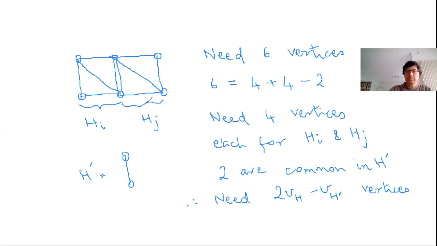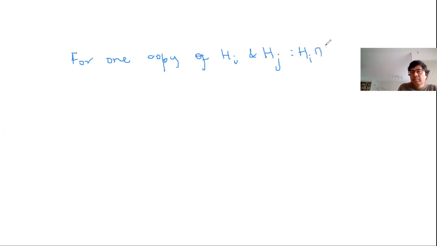Okay, so with that example in mind, in the more general case, for one copy of hi and hj such that the intersection is h prime, we need 2 VH minus VH prime vertices.